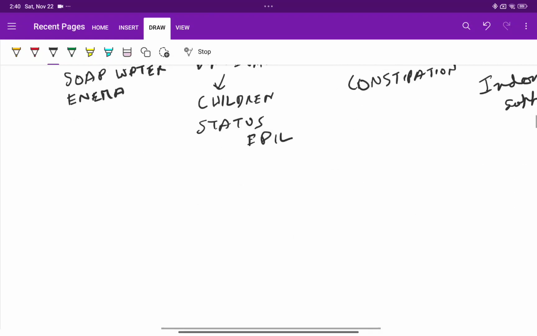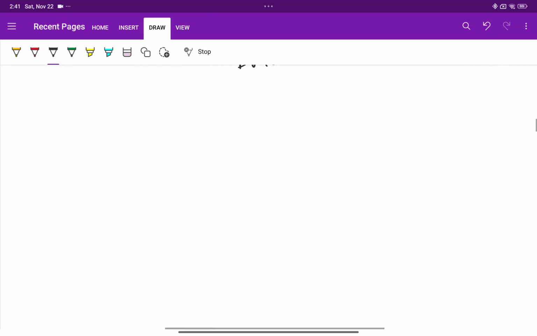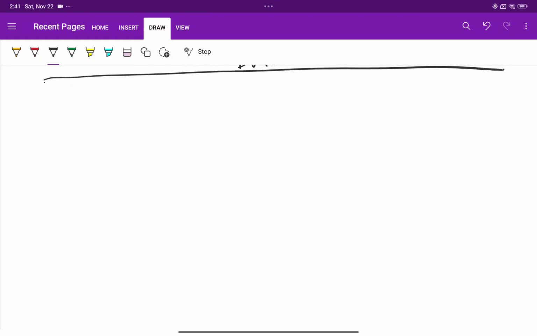Okay, next we will discuss the systemic route of drug administration. As we discussed earlier, only topical was targeting the eye, ear, nose, skin, and any problems related to the rectum region, the vaginal region.